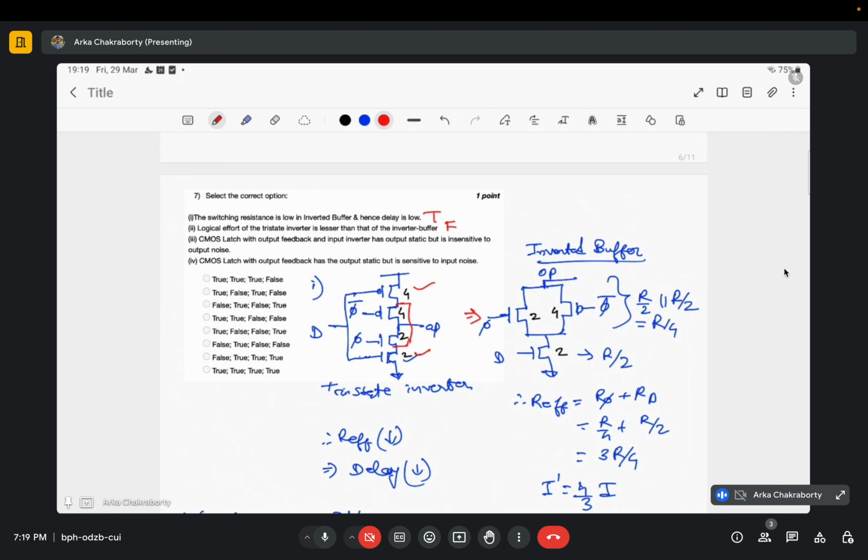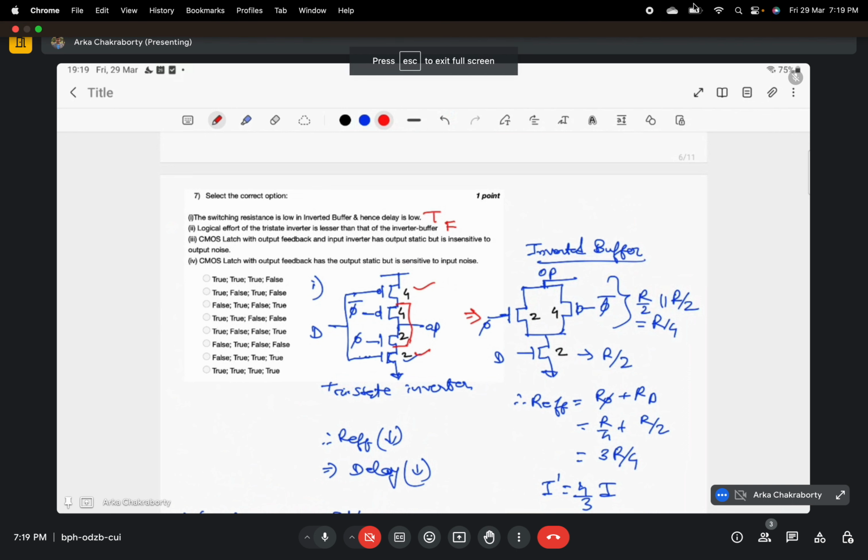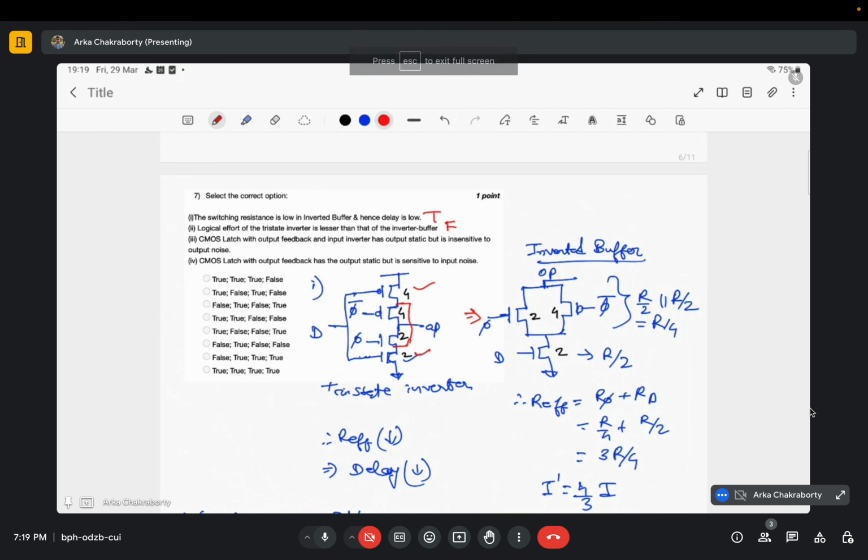Okay, the next statement is: CMOS latch with output feedback and input inverter has output static but is insensitive to output noise. Let us draw a CMOS latch with output feedback and input inverter.